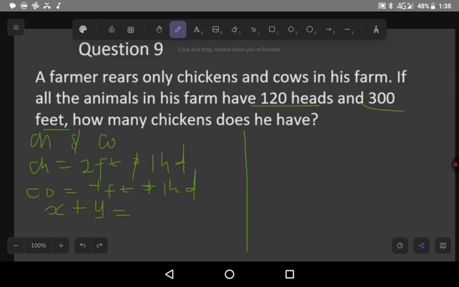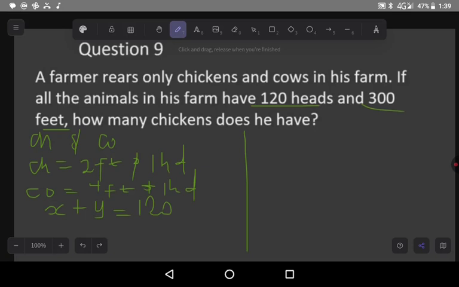Chicken plus cow. The X is the chicken head and the Y is the cow head. Both of them have one head. So all together you must get 120 heads, right?